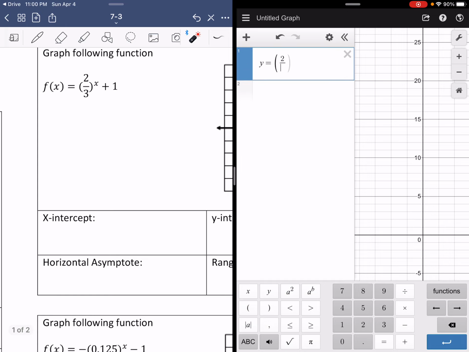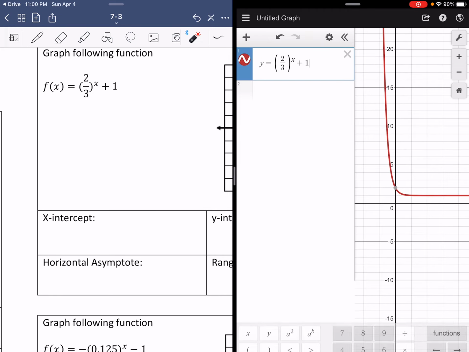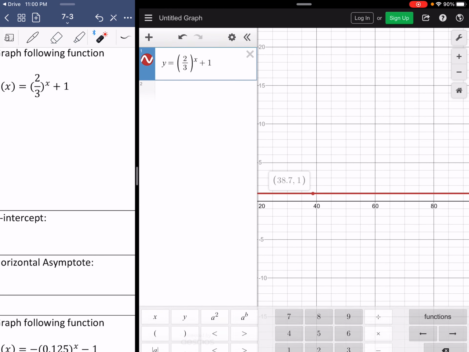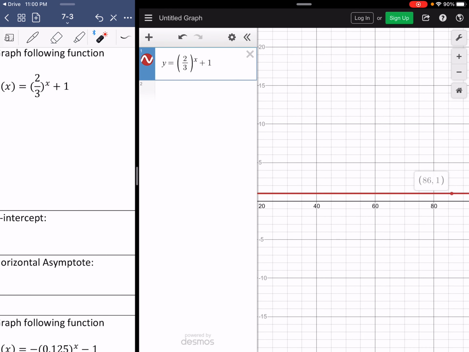Just put 2 divided by 3 to the x plus 1, just like that, okay? That's all you need to do. So you can find the y-intercept. By clicking in, you can find what the asymptote is. It will never go below 1, as you can see. So it's going to be 1, okay?